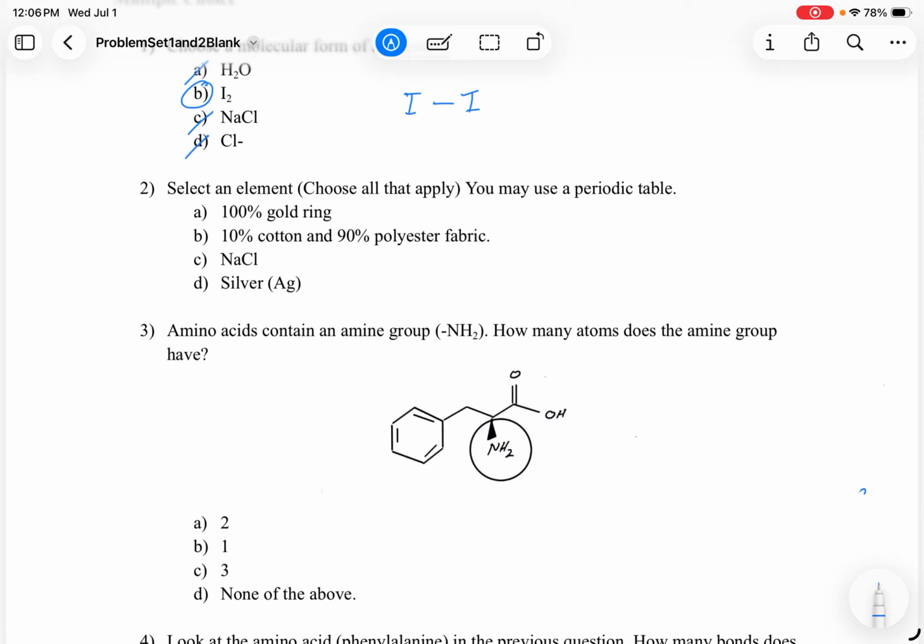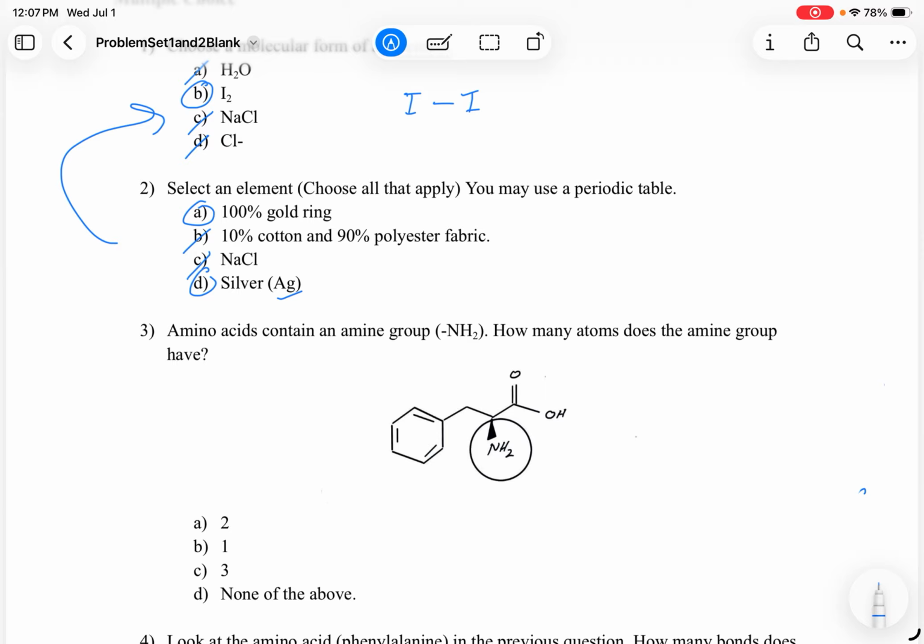If we look back at the lecture, we went over something similar, and yeah, 100% gold ring would be considered an element. 10% cotton and 90% polyester fabric, that's no. NaCl, remember from last question, we crossed it out because it's two different elements. It is not a pure element. Silver, if you look at the periodic table, you will see silver in the periodic table, so that is an element. So the answers are A and D.